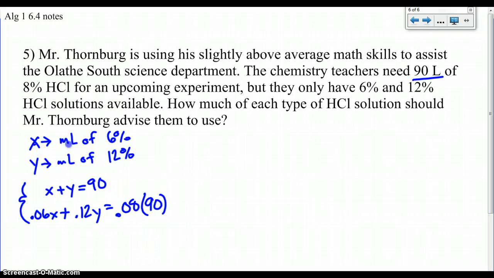And I just realized I wrote milliliters for my variables. This doesn't change our equations, but that's actually liters here, not milliliters. Significant difference. Okay, I would encourage you to use substitution. Again, I'm going to pause it. You pause it as well, do the algebra, and then check your answer to compare with mine.